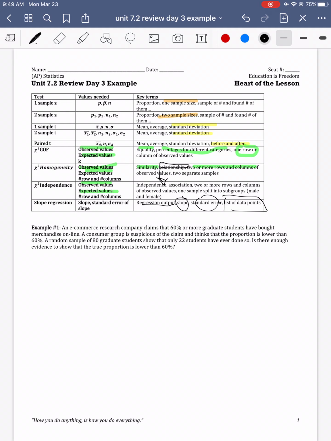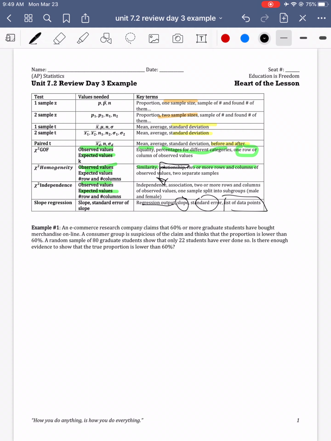There are 9 in total, and we really need to focus on, how do we know when we are supposed to do a one sample mean versus a paired t-test, or that kind of thing. So we're going to focus on that today, and then we'll dive deeper into this again tomorrow.